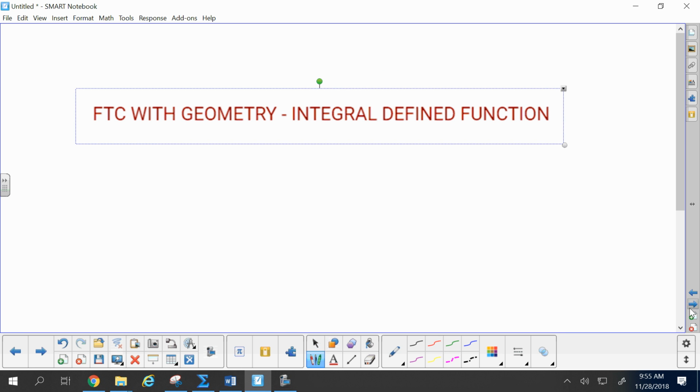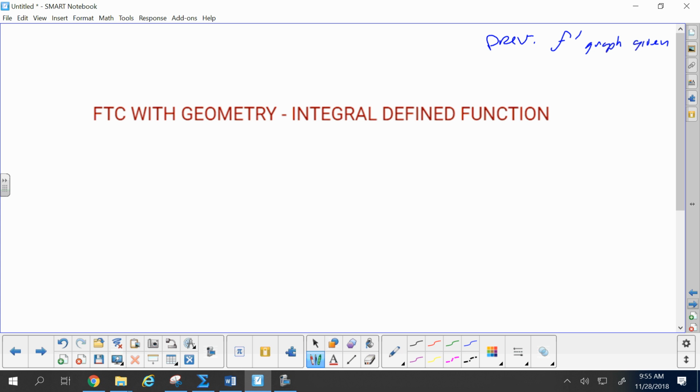Whether you're talking the previous problem, f prime graph given, find f, or this problem, say I asked you f is, actually I would give you G's graph given.